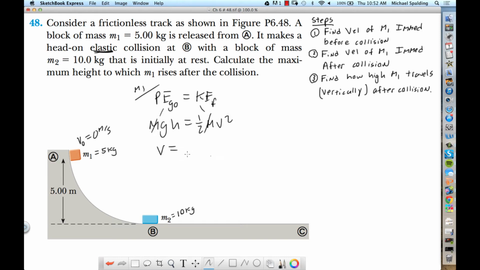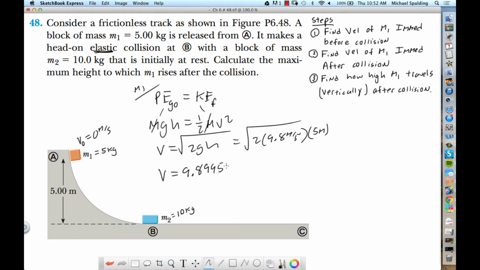So V is square root 2gh. 2 times 9.8, and then h is right here, 5 meters. So the velocity of M1 right before the collision is 9.8995. Don't round this because you're going to plug this in a moment.